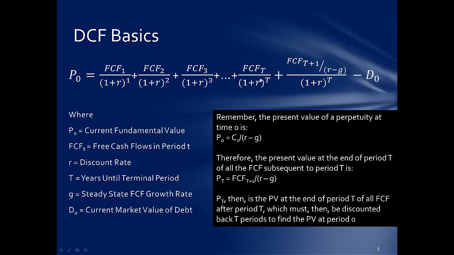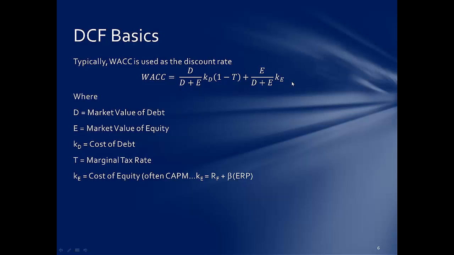So what we want to do today is find a way to estimate dynamic inputs for each of those variables that we need in order to execute this model. So we're going to need free cash flow estimates, we're going to need a WACC estimate, we're going to need a steady state growth rate estimate, we're going to need to know what the total value of debt is for the firm, and we're going to need all of these components for our WACC.